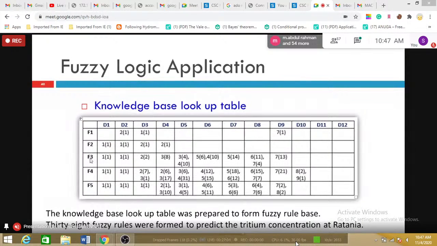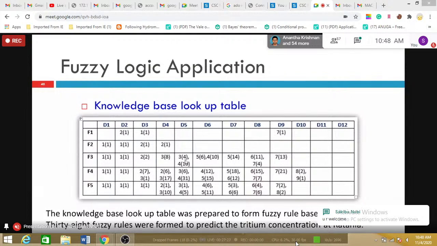That means if flow is F3 and discharge is D5, my rule says the output is 3 and 4. So you will say, why 2 outputs? Output 3 happened only 4 times.